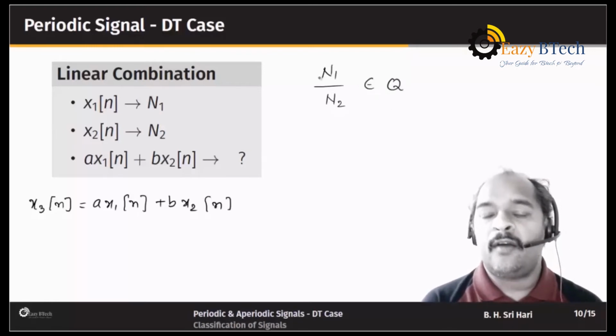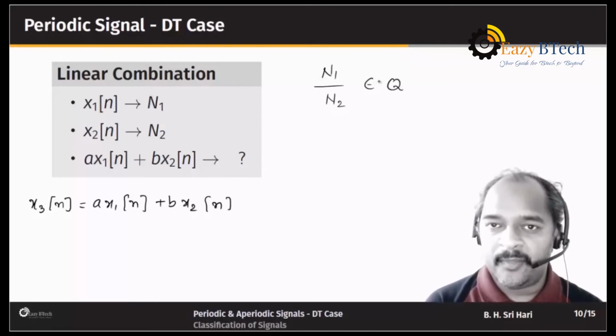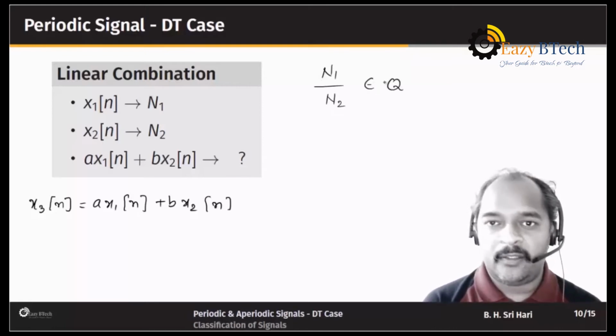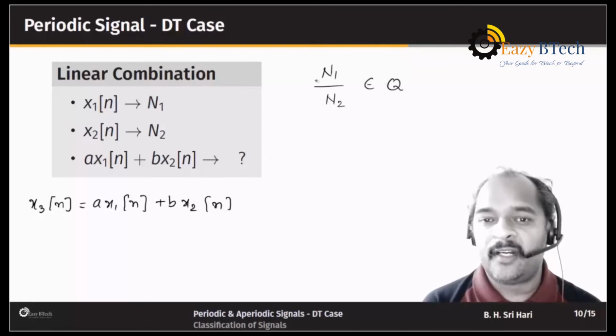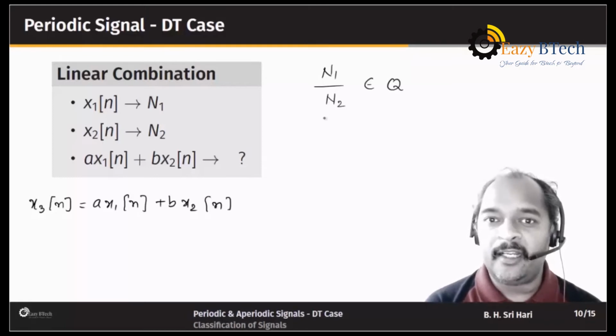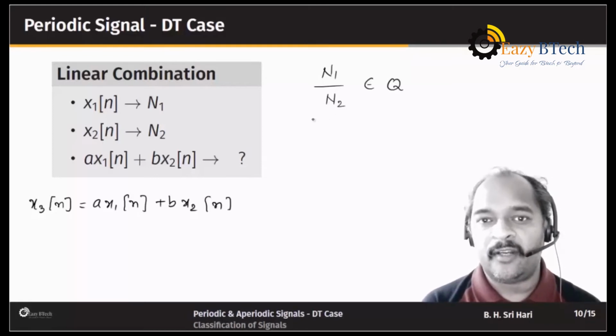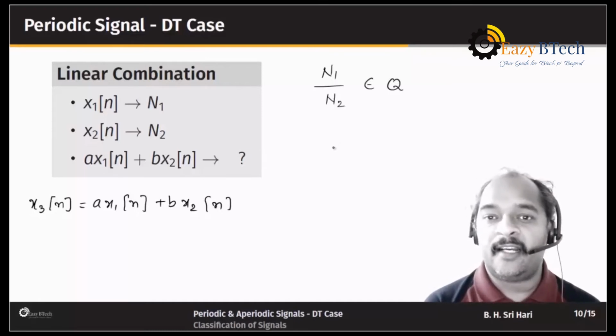So what is a rational number? A rational number is nothing but a ratio of integers. For the discrete time case, we already know that the periods N1 and N2 are integers, so their ratio is definitely a rational number, and hence we say that a x1 of n plus b x2 of n is always periodic. For continuous time, it's not the case.